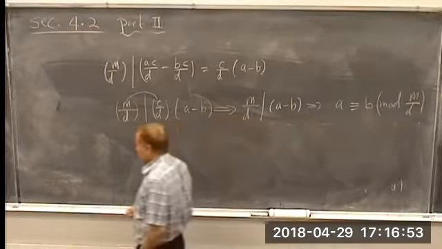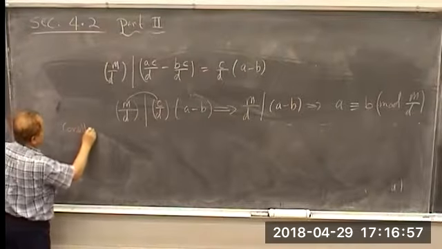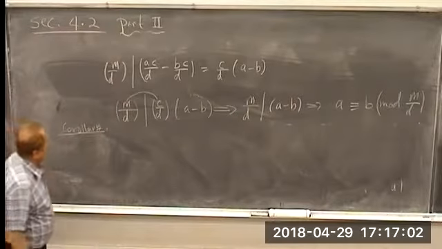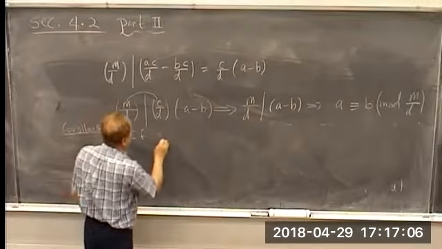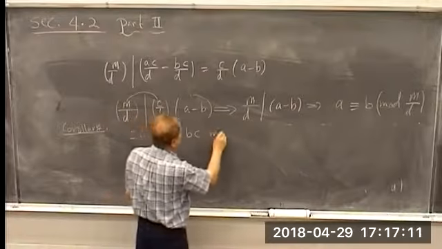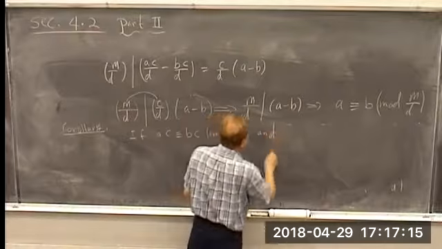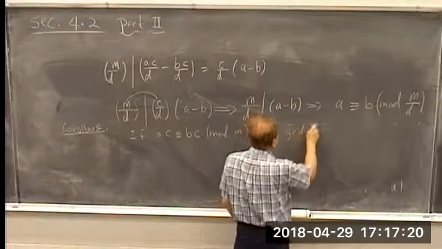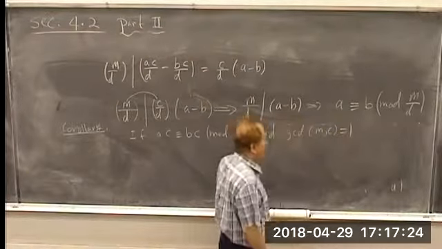All right, an important corollary to this is the following. If AC is congruent to BC mod M, and the greatest common divisor of M and C is equal to 1, which means they are relatively prime.